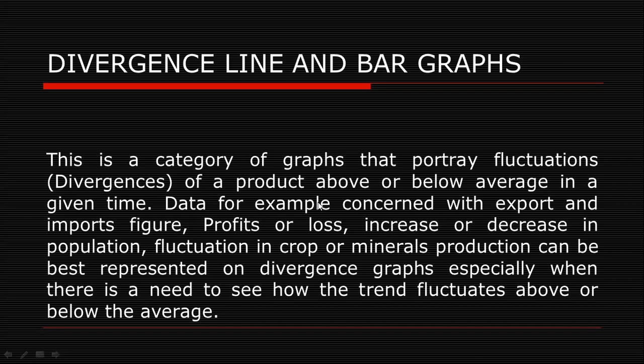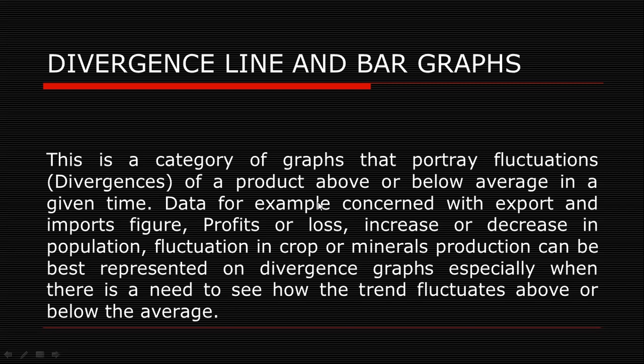Now, what's the difference between the two? A divergent line graph shows lines which are up and down, but in the form of lines. If they are for bars, we have divergent bars, which has bars up showing positive and also bars showing negative.